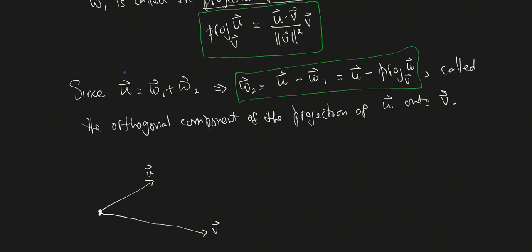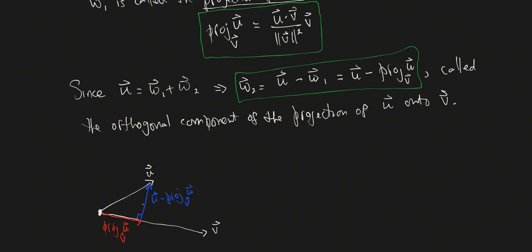So you create the right triangle there, and then this vector is the u minus the projection vector. And the projection vector itself is this vector right there. So this is the projection of u onto v. We find the projection first using this formula, and then use our vector algebra, subtract it from u, and that will give me the vector in blue.